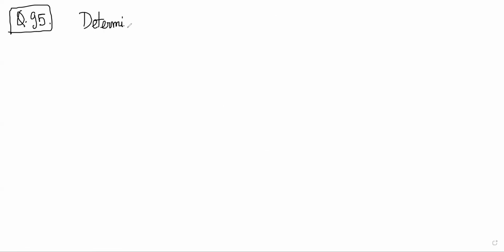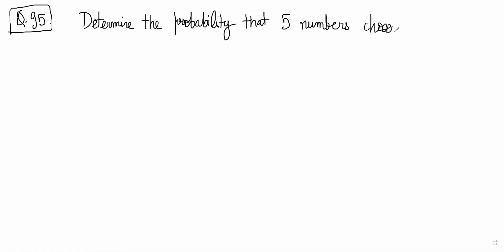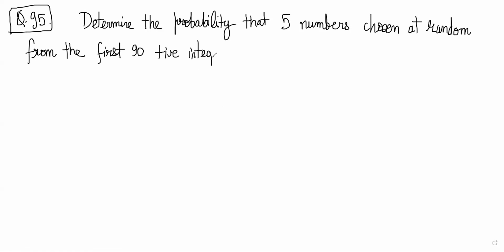Determine the probability that 5 numbers chosen at random from the first 90 positive integers contain two consecutive numbers.